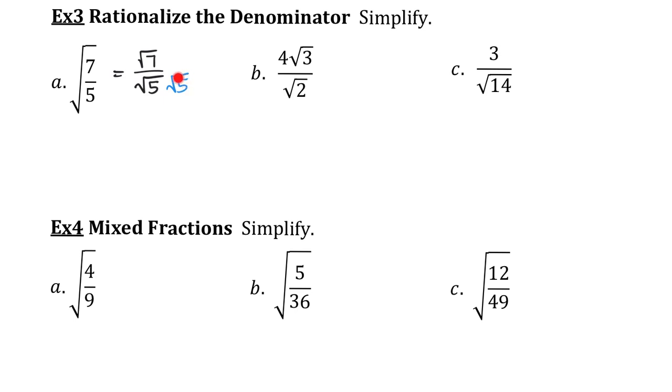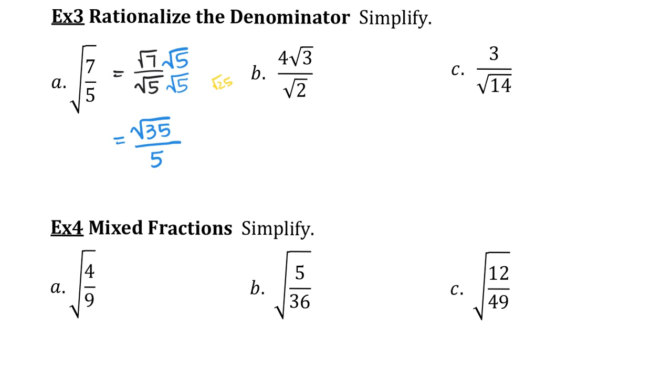Now if I multiply the denominator by square root of 5, I need to also multiply the numerator. Even though this looks funny, let's bring down what we have. Now if I do square root of 7 times square root of 5, since they're both square roots, I can multiply the radicands together. So 7 times 5 is 35, so this is the square root of 35 over the square root of 5 times the square root of 5 is the square root of 25, and the square root of 25 goes down to 5.